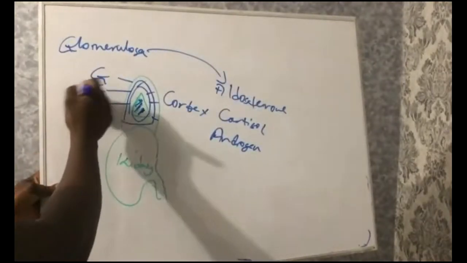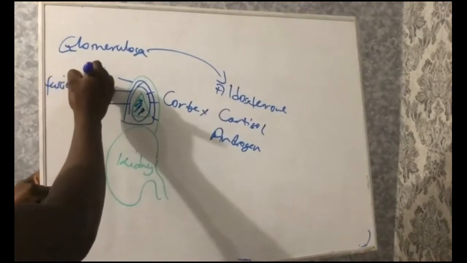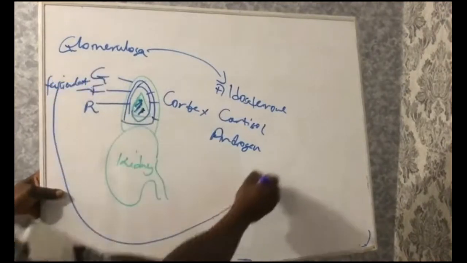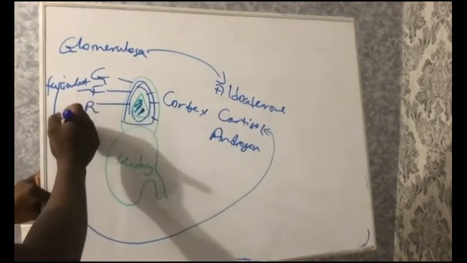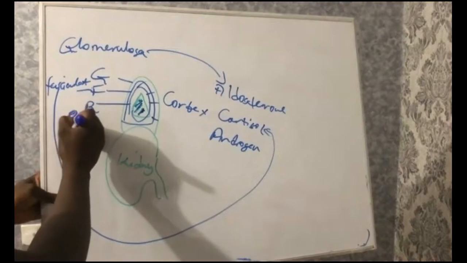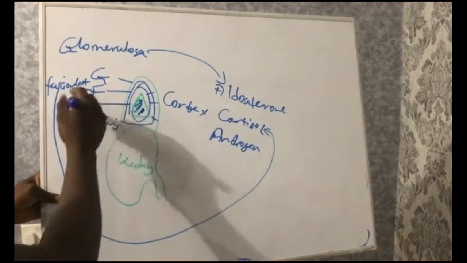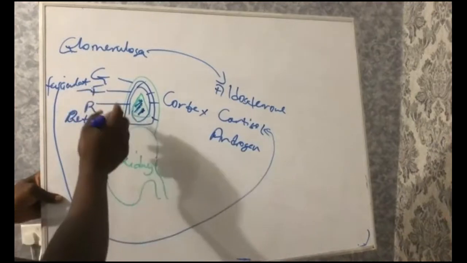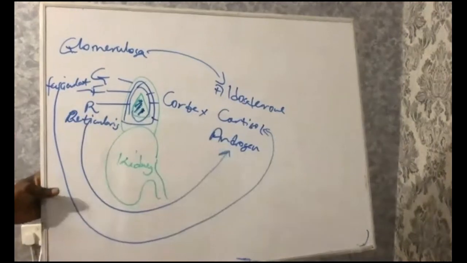The F stands for what? Fasciculata. And it's the fasciculata that produces what? Cortisol. And the R stands for what? Reticularis. Even though the fasciculata can also produce some androgens, basically it's the cortisol. The reticularis produces what? Androgens, right?